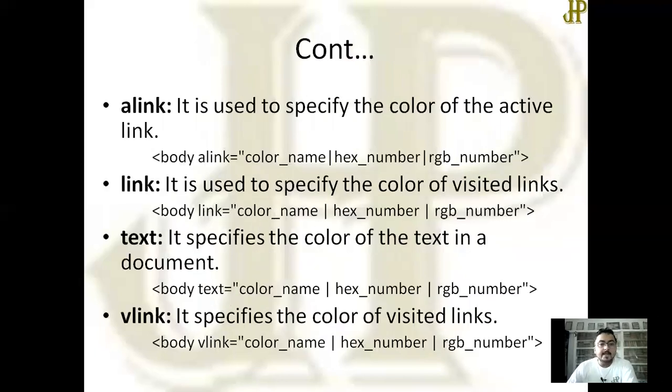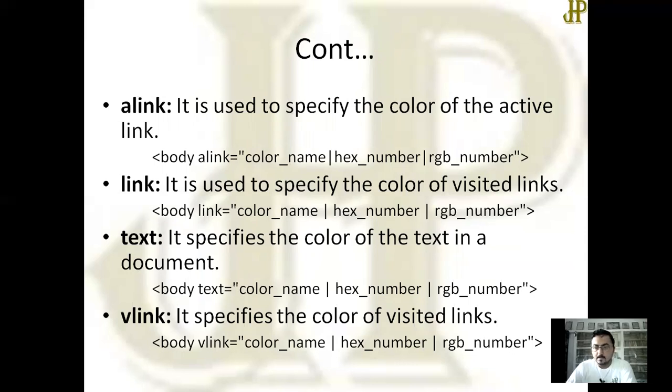Next one is alink. It is used to specify the color of the active link. Link is used to specify the color of the link. Text specifies the color of the text in a document, if you want to change the color of the text. Vlink specifies the color of the visited link.